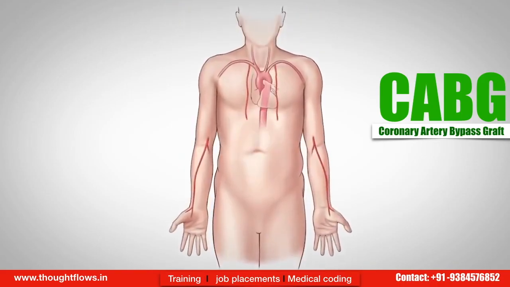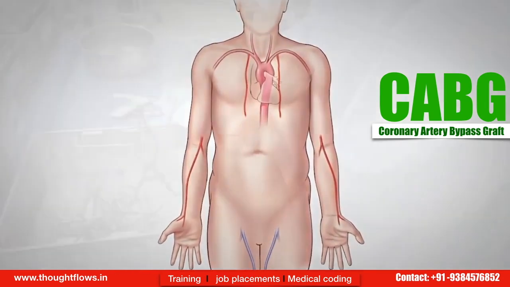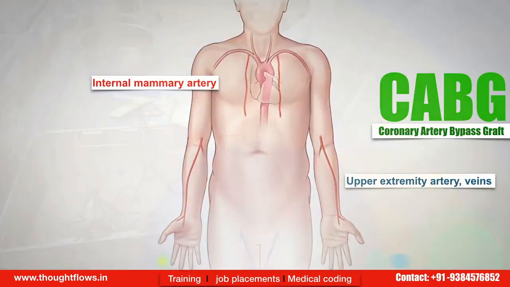The healthy vessel is taken from other areas of the patient's body. This is called harvesting or procurement. The surgeon can harvest an artery or a vein. The commonly used arteries or veins are the internal mammary artery, upper extremity artery or vein, and saphenous vein.